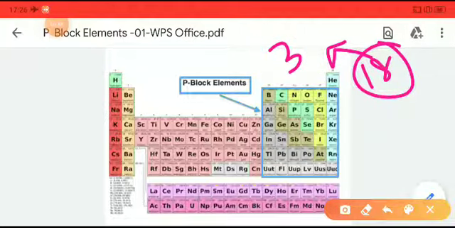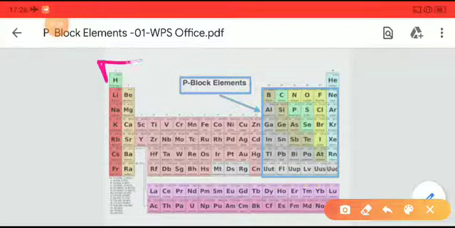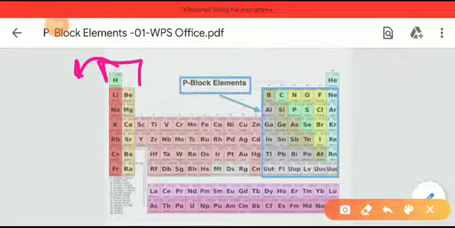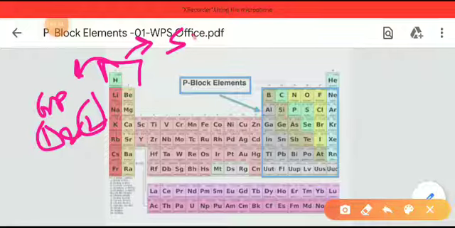What are the blocks? Mainly the alkali and alkaline earth metals, that is group 1 and 2, are named as S block elements.